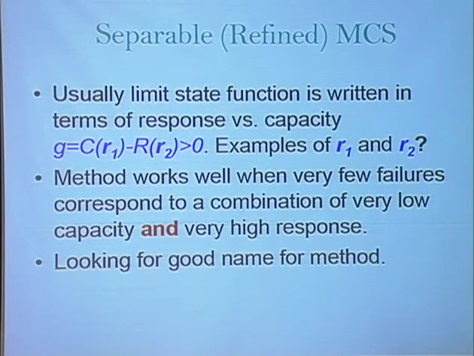But this is sort of dodging the question, in that you say the capacity is the random variable, the failure stress. But what actual randomness is responsible for the fact that the failure stress is random? That is, are there primitive variables behind that?